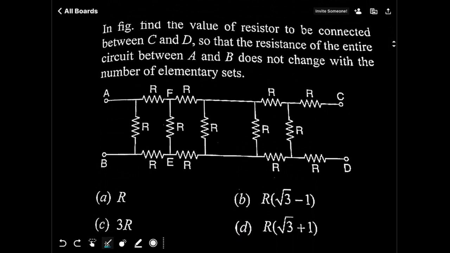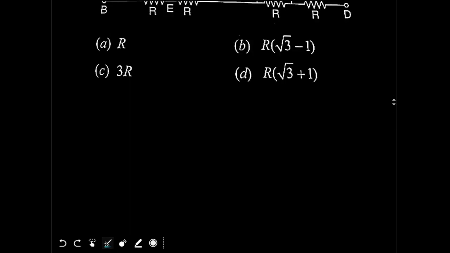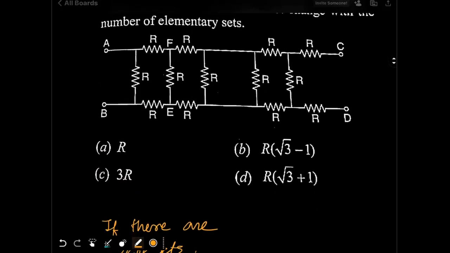Since they are saying that the answer should not change with the number of elementary sets, so we can say that if there are zero sets, answer should remain same. Or if there is only one set in between, then also answer should remain same. Correct. So let's draw the circuit first with zero set.